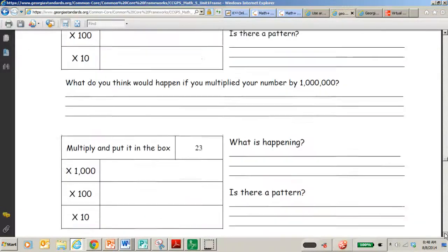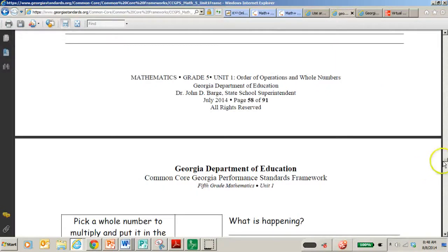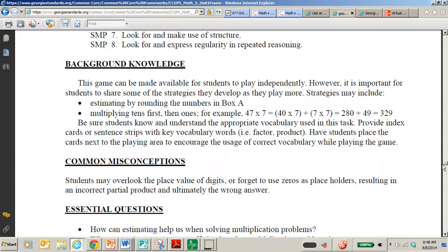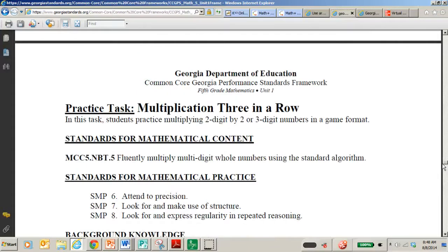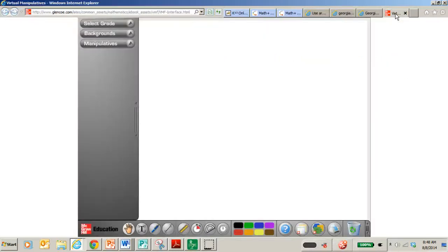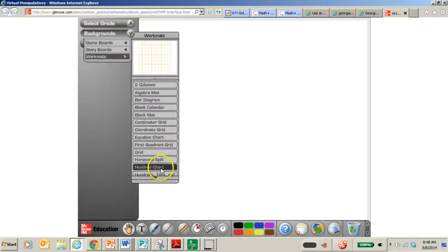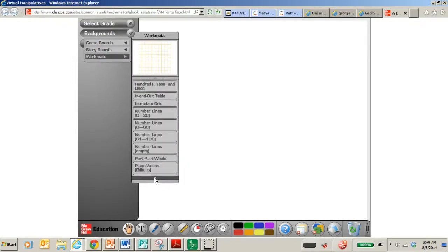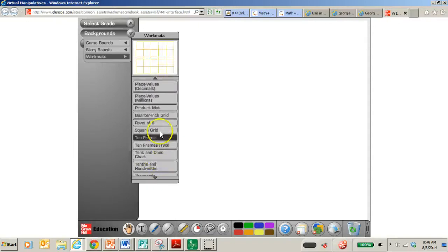And so in addition to Patterns Are Us, if you go through the lessons, you'll also see some multiplication 3 in a row and some games that you can play with your child. Now, if your student needs manipulatives, there is an online manipulative site that I will also provide the link to, and you can simply go to a work mat, and let's say we need place value to millions.